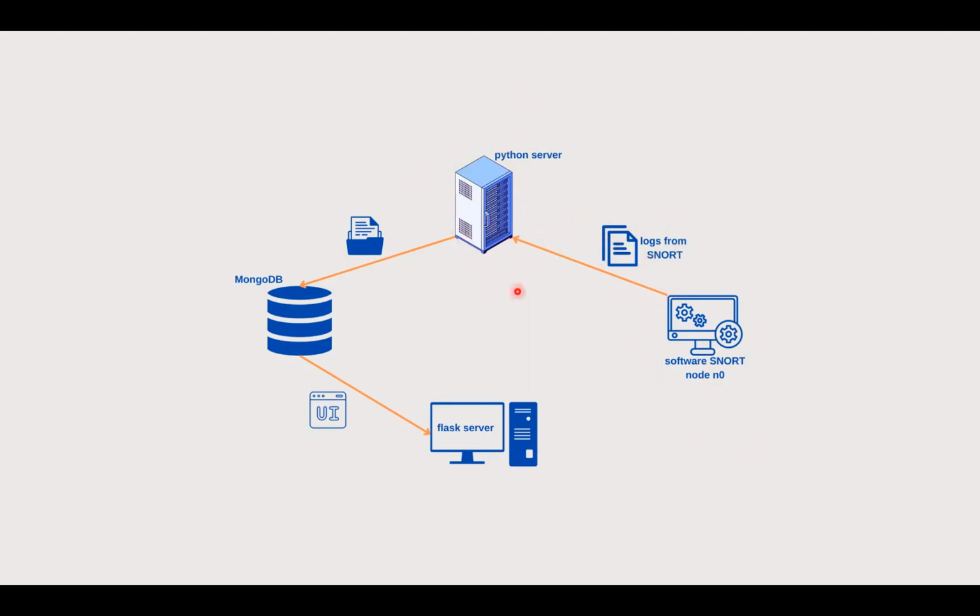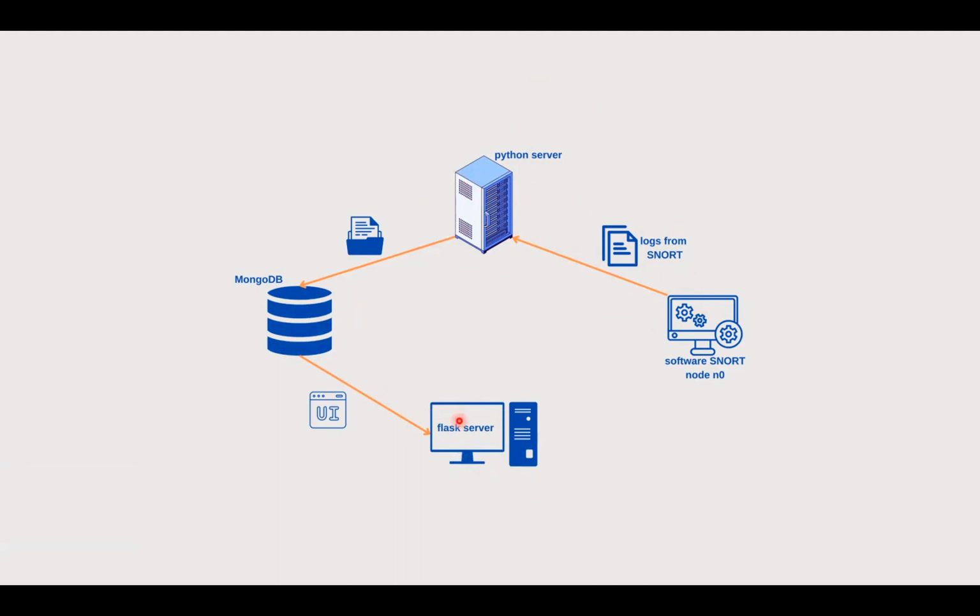Whenever data gets added to the log script, it sends the data in real time to MongoDB. From the MongoDB server, we are connecting the Flask server, where the Flask server gets all the data which is dumped by this main Python server and shows it on a user interface.